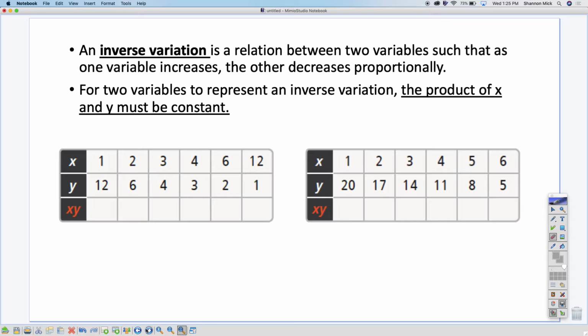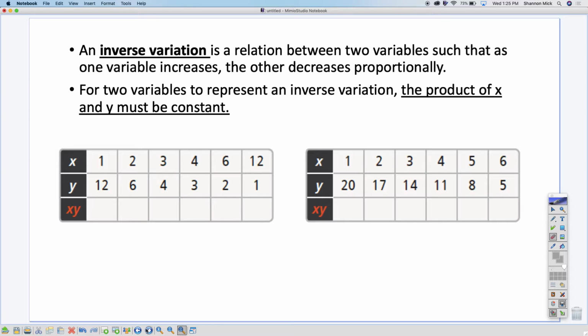So if you look at my one set here, x's are increasing and y's are decreasing. Could it be the other way around? Yes. Okay. But one variable is increasing where the other one is decreasing, and that's inverse variation.